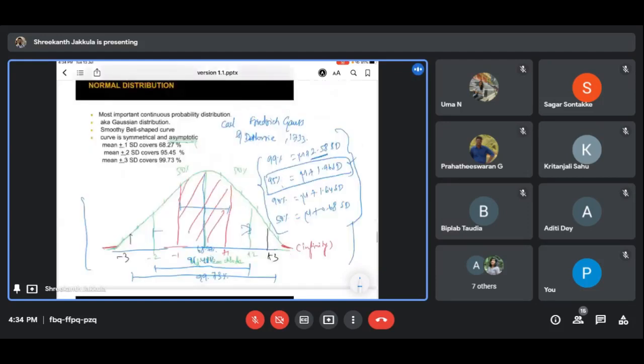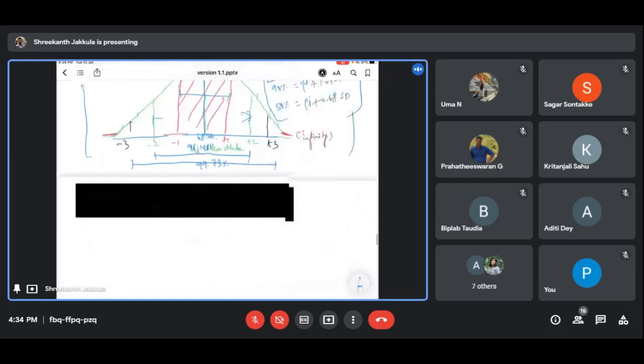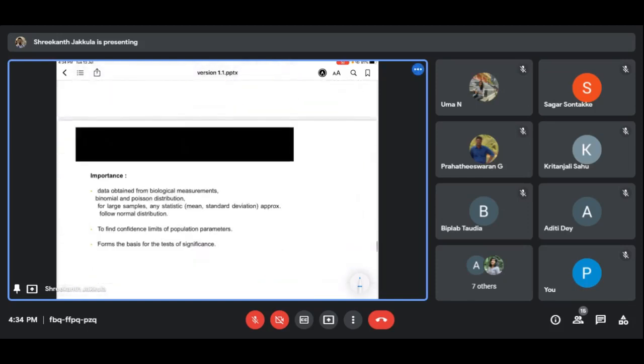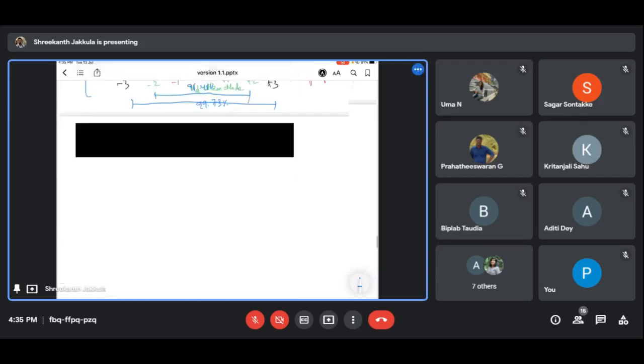The data obtained from biological measurements, binomial and Poisson distributions, large samples, or any standard deviation, everything will follow the normal distribution, as we learned in the previous 30 minutes. It also forms the basis of tests of significance, whether alpha error, type 1 or type 2, and you have to know the confidence limits of population parameters. These are the importance of normal distribution.